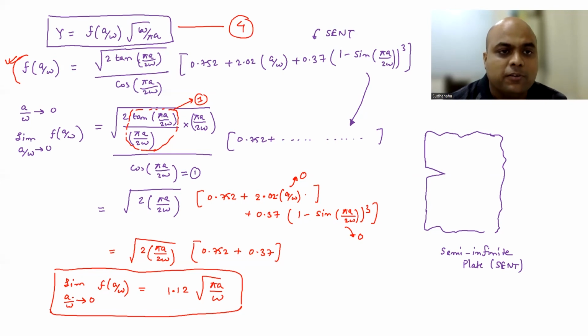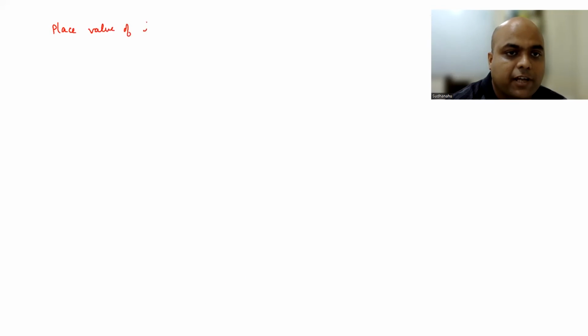now use 4 and place f A by W there to calculate what is the value of Y for semi-infinite plate. So place the value of f A by W in equation 4.